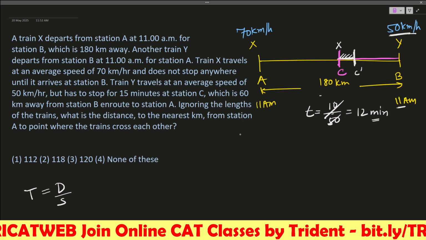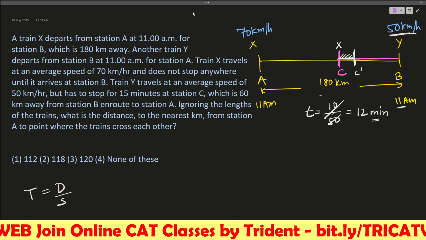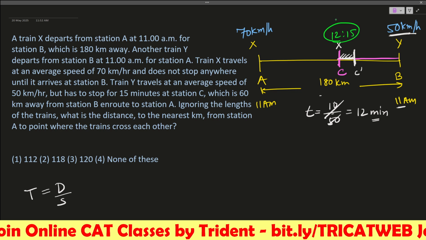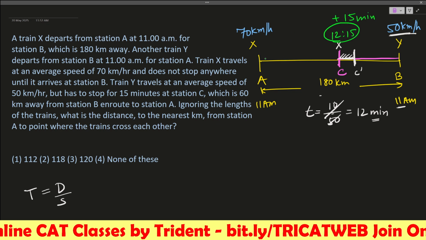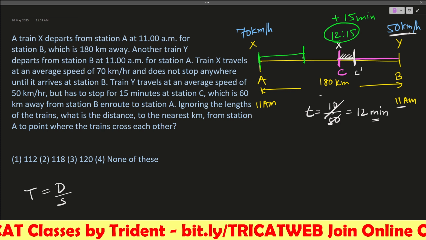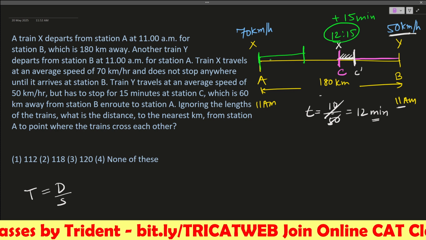That means I am at this location exactly at 12:12. Now at this location I hold for another 15 minutes, but my other train, that is X, will keep on running till 12:27, right?